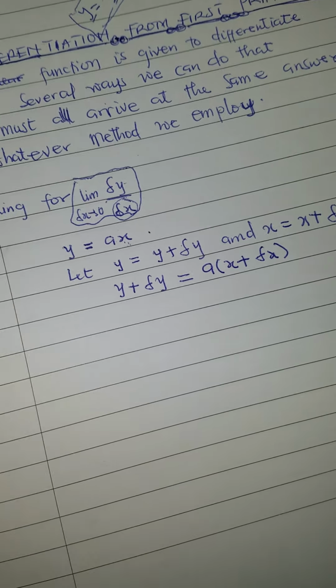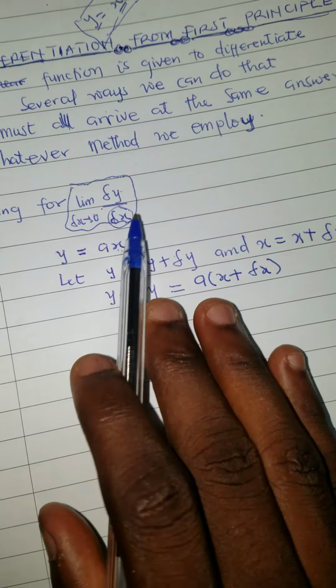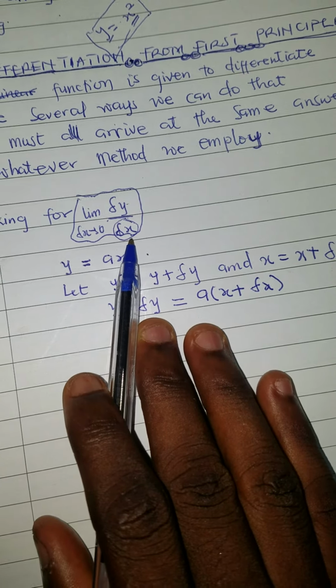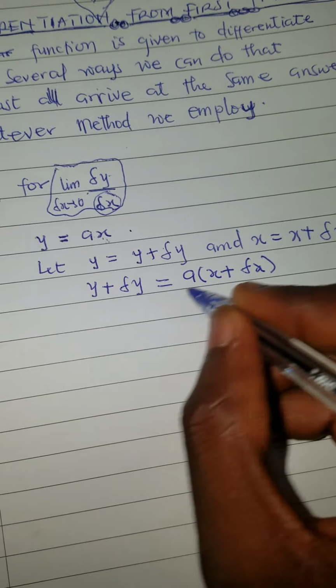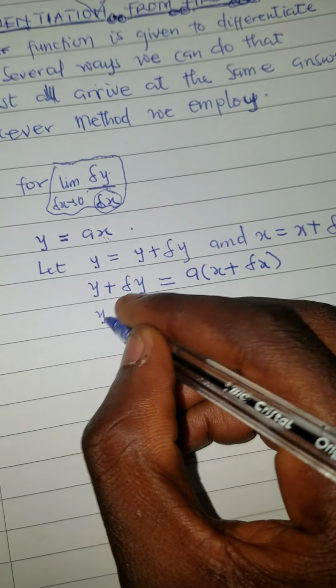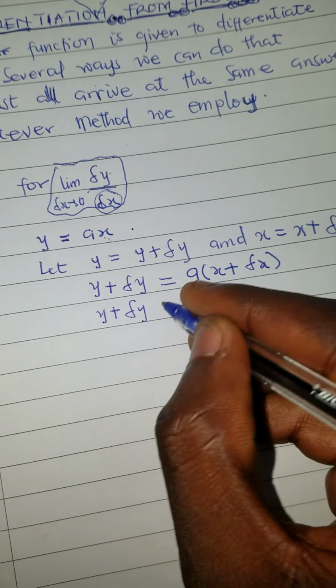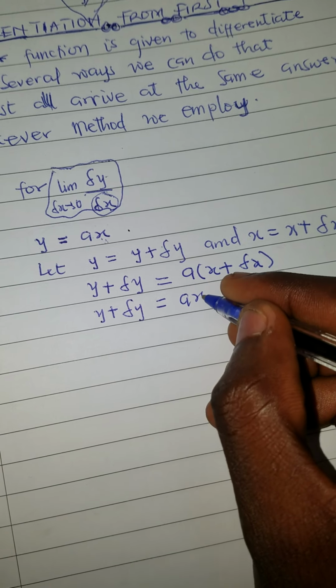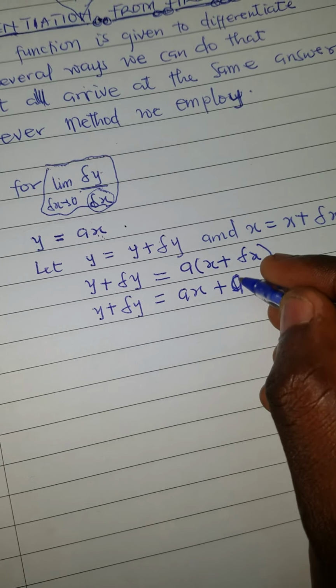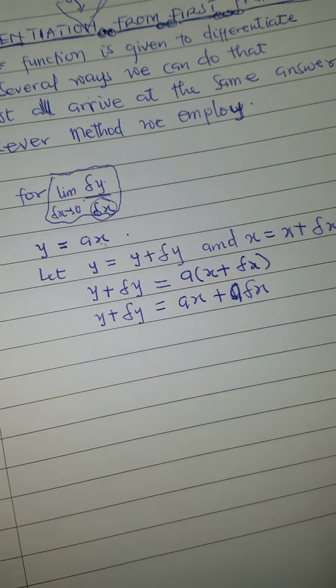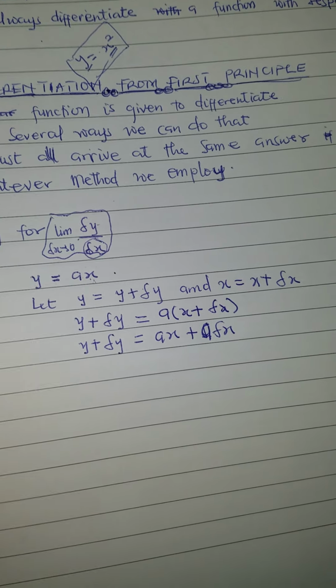Now we all realize that we are looking for what? dy over dx. We are looking for dy over dx. So what you do is that you expand this, so it will be y plus change of y equal to a(x plus change of x).